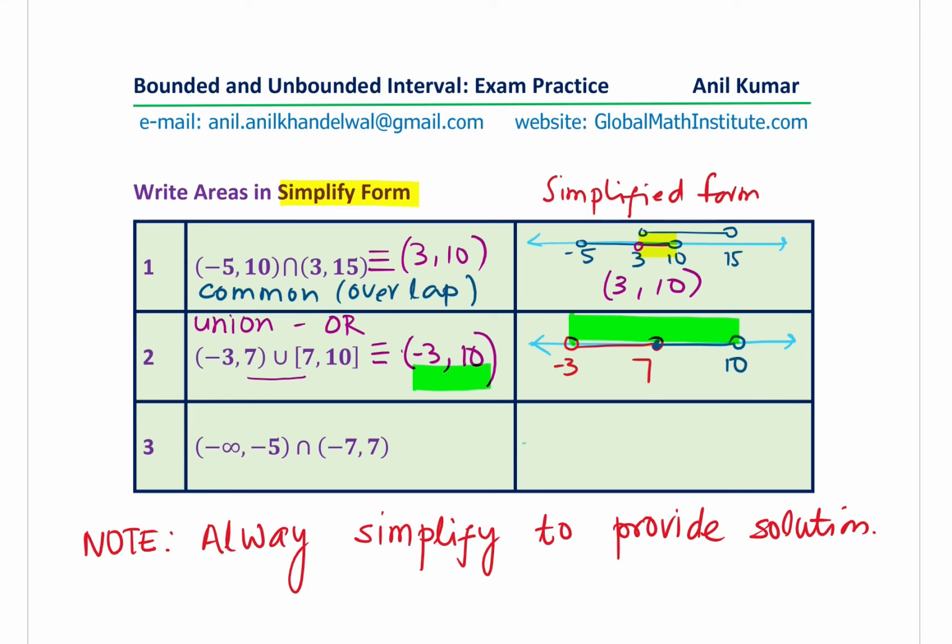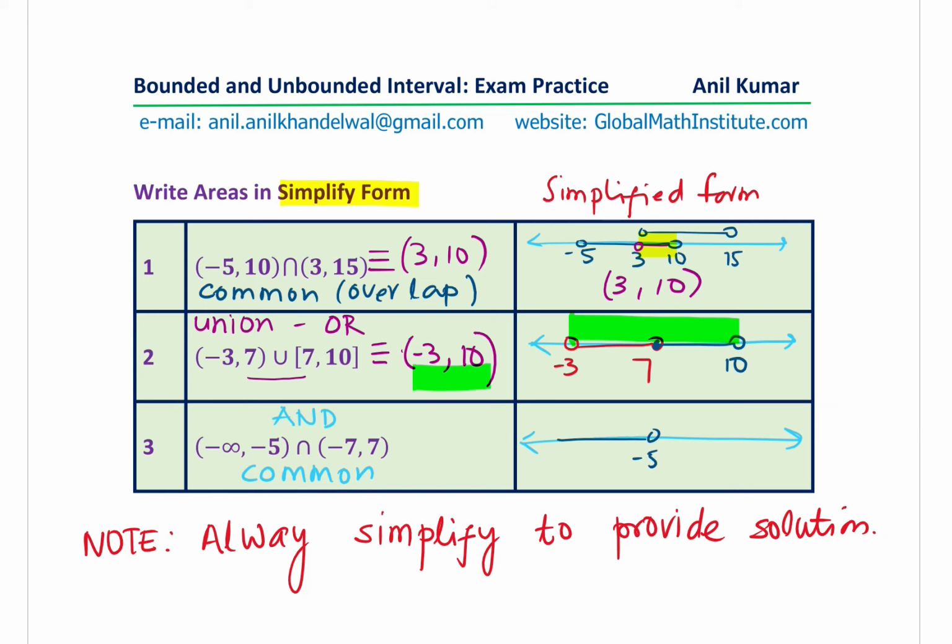The last one here, I'd like you to pause the video in this case and do it. Intersection is also called and, right? So it has to be common. The first one here is from minus 5 towards the left side. So let's say this is minus 5.